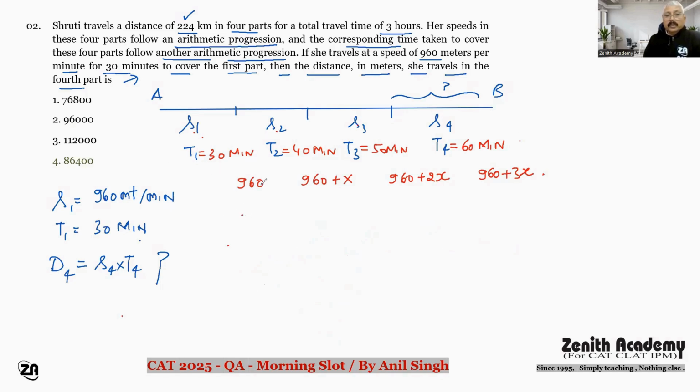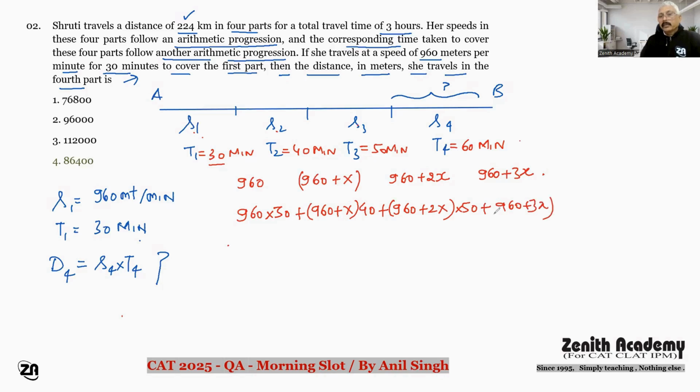So 960 into 30 minutes, and then 960 plus X into 40 minutes, 960 plus 2X, third part speed for the next 50 minutes, sorry. And the fourth part speed is 960 plus 3X for the 60 minutes.